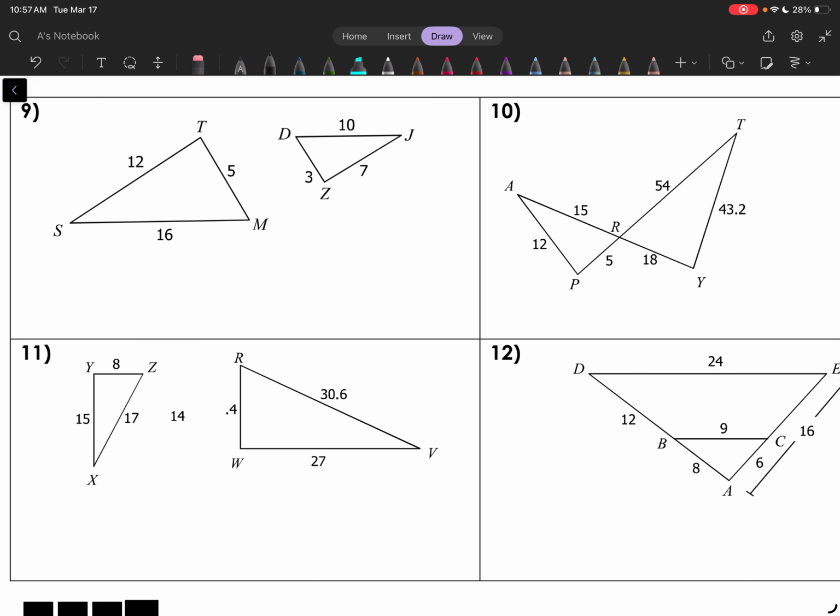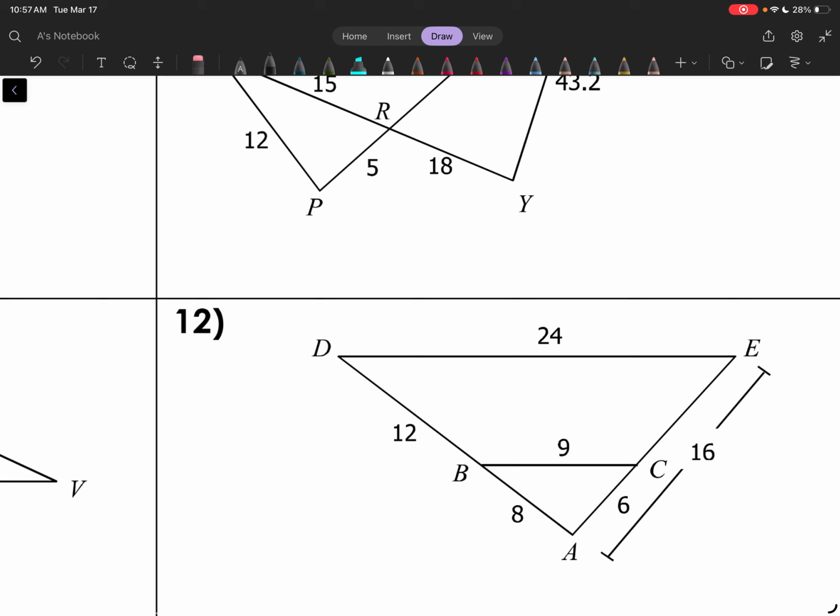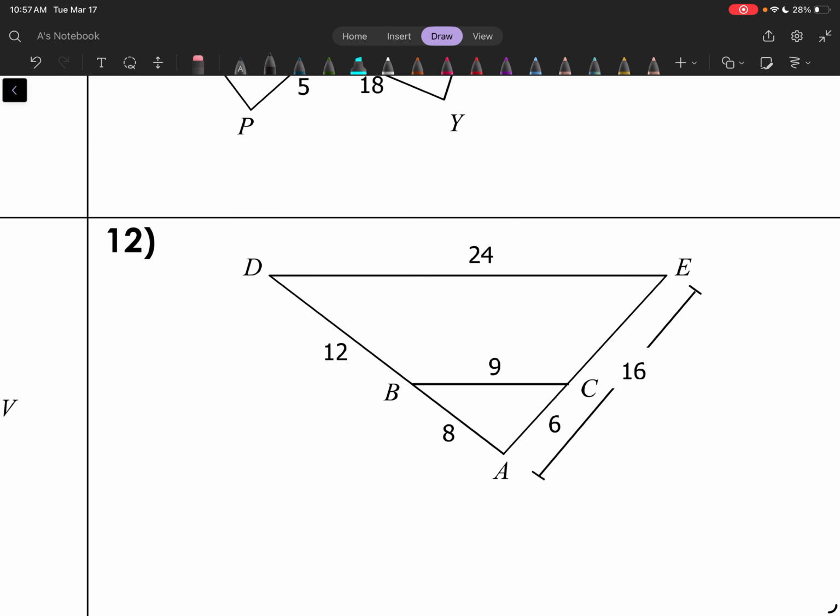Number 12. I have triangle ABC and ADE. For number 12, I need to have this entire length found, so 12 plus 8, 20. And that's it.